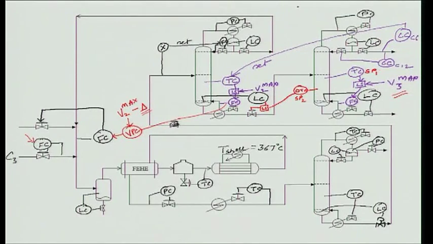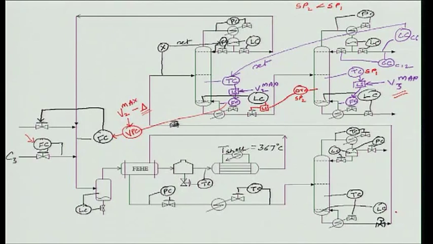I will have, like I discussed earlier, set point 2 must be less than set point 1. Now, when level control is lost, I need an alternative handle, and that is what I do here.